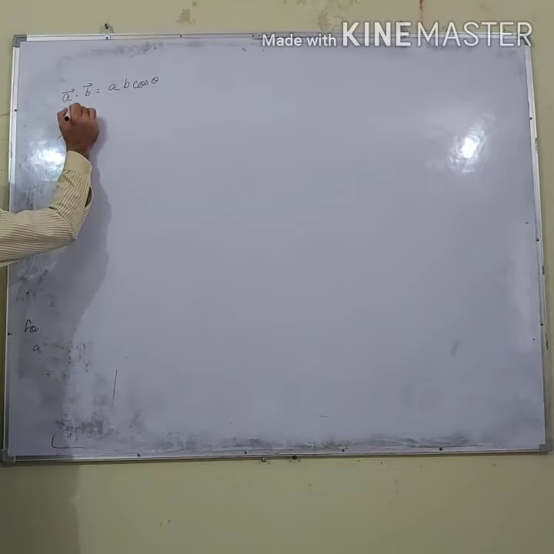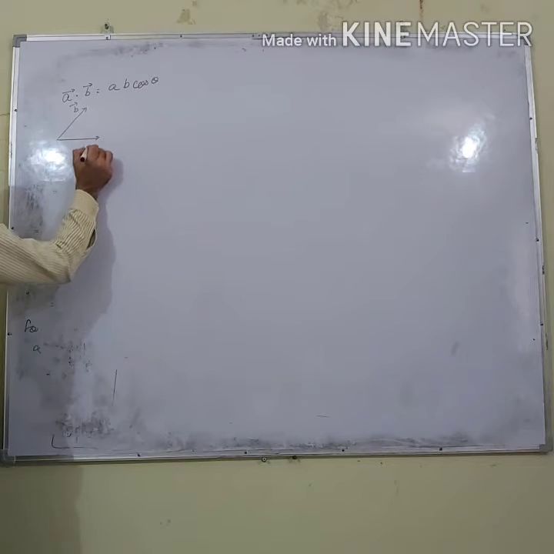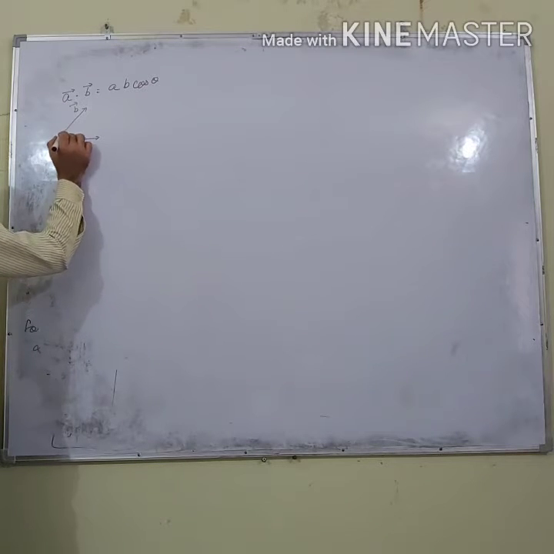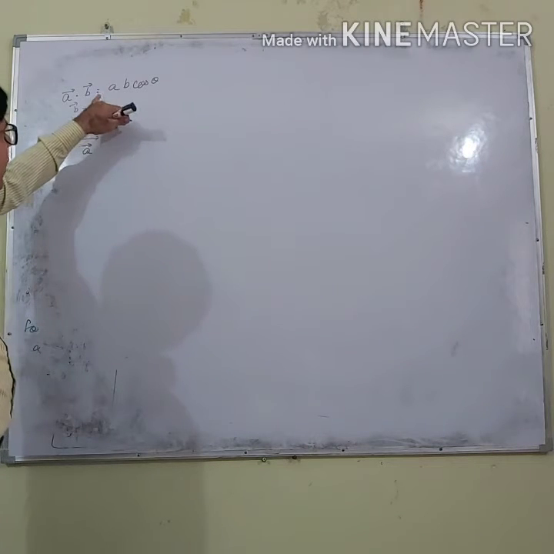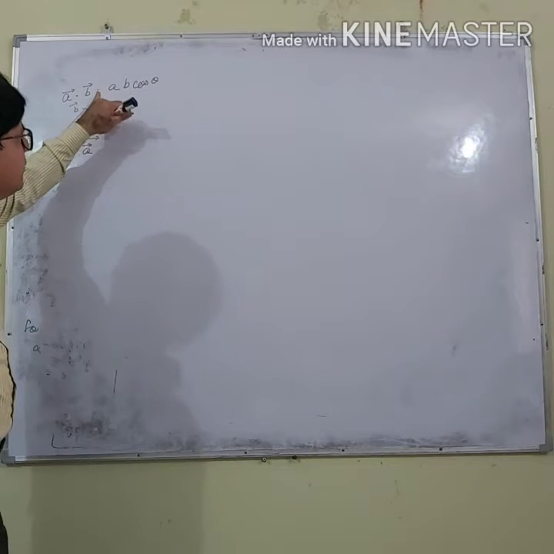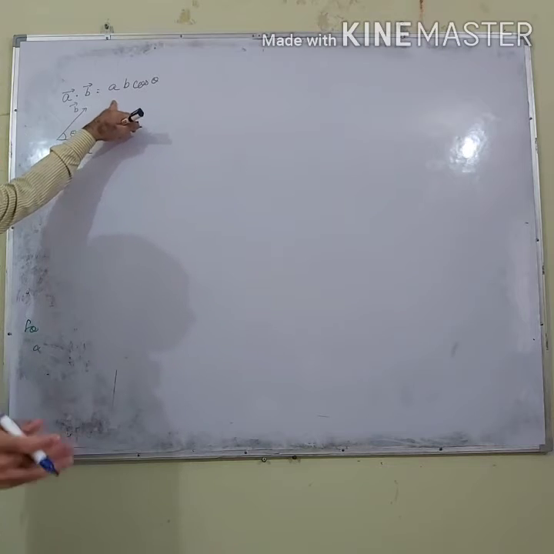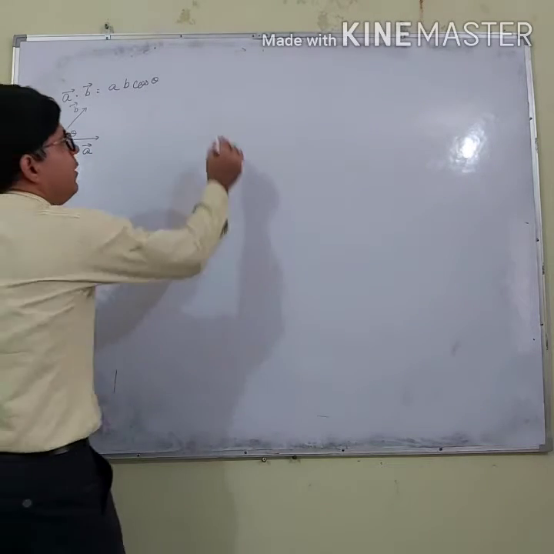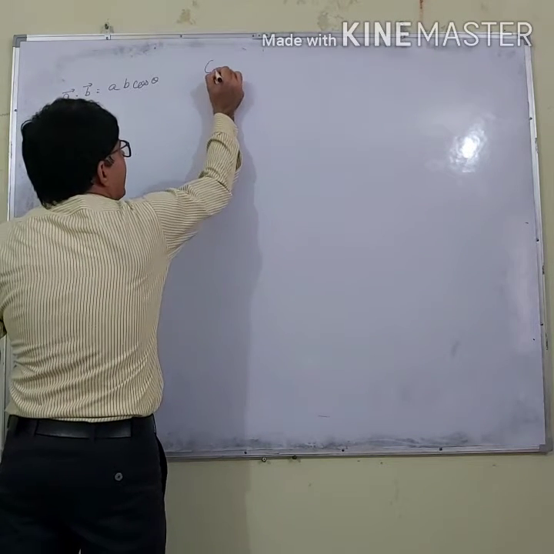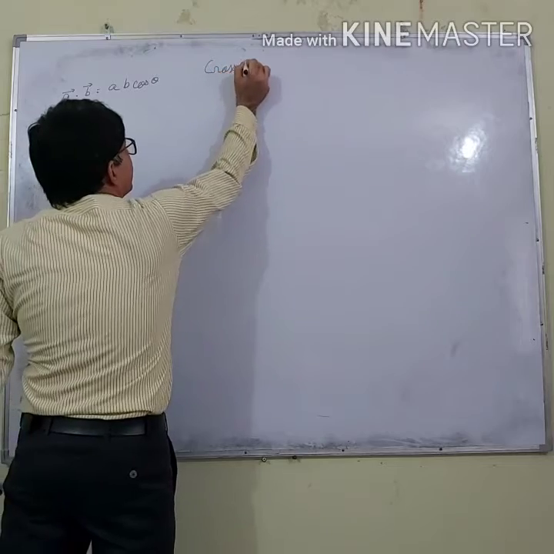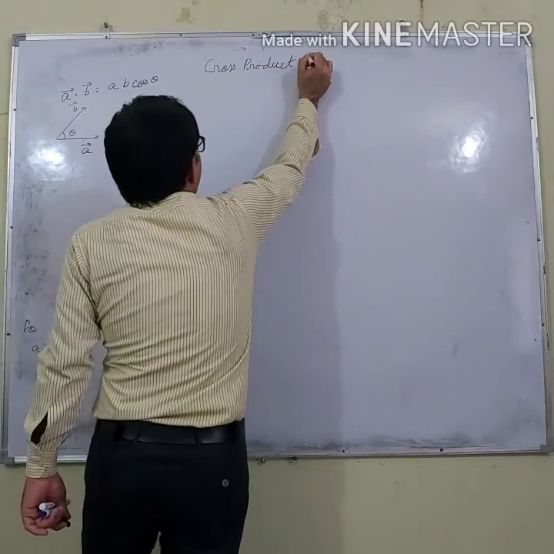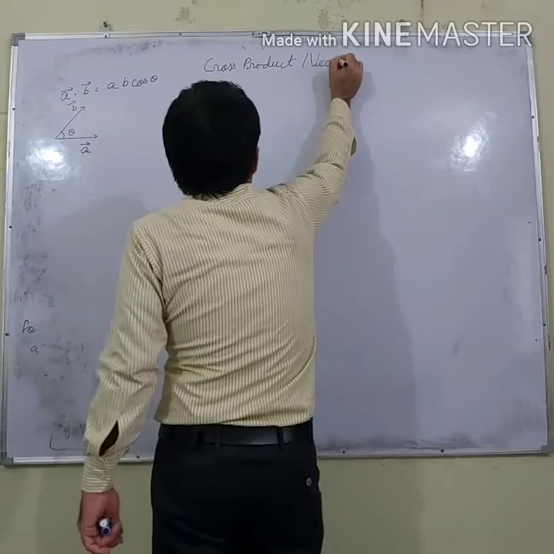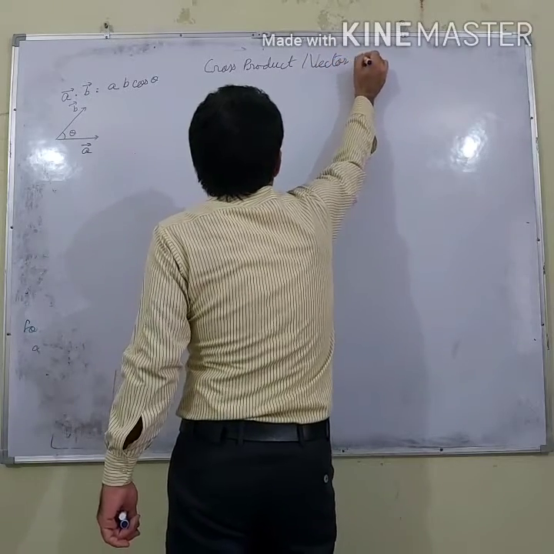Here is vector B and here is vector A, and theta is the angle between A and B. The result of this product was a scalar quantity, and today we are going to discuss another type of product, called the cross product or vector product.